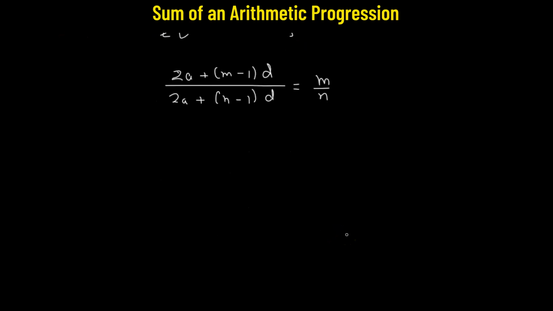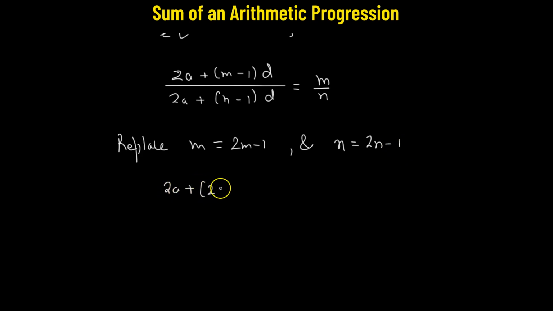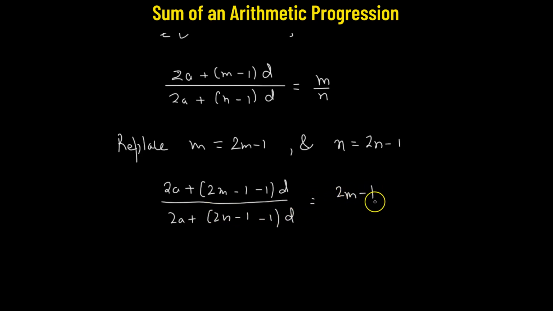Now we'll use a trick here. We will replace the value of m with 2m minus 1, and replace the value of n with 2n minus 1. So we will have 2a plus 2m minus 1 times d divided by 2a plus 2n minus 1 times d, which equals 2m minus 1 divided by 2n minus 1.